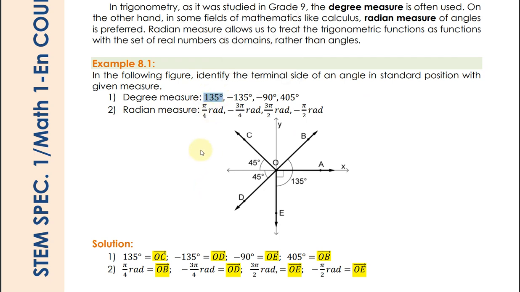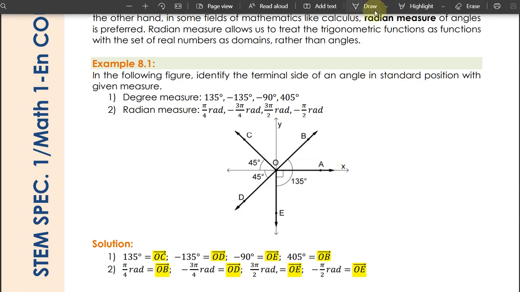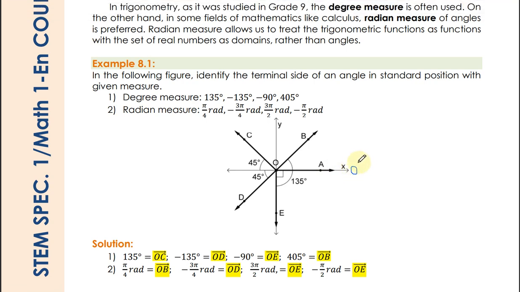135 degrees. If you're not yet familiar with the Cartesian coordinate, the 0 degree starts from the positive side of your x-axis. So this is 0 degrees. The y-axis is your 90 degrees.